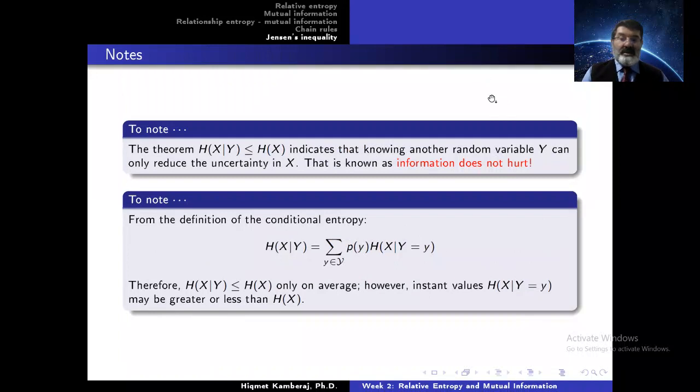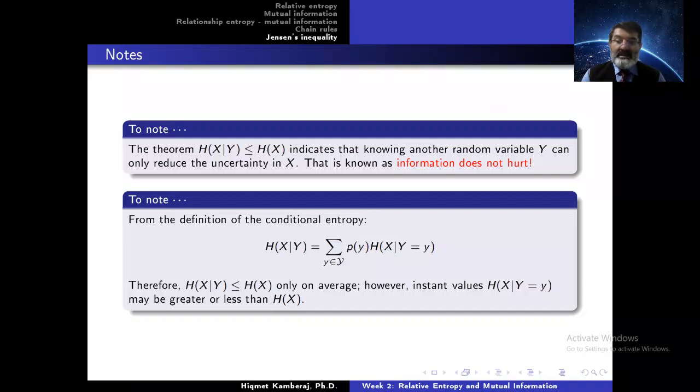To note from this theorem, the conditional entropy H of x given y being less or equal to H of x indicates that knowing another random variable y can only reduce the uncertainty on x. That is also known as information does not hurt.